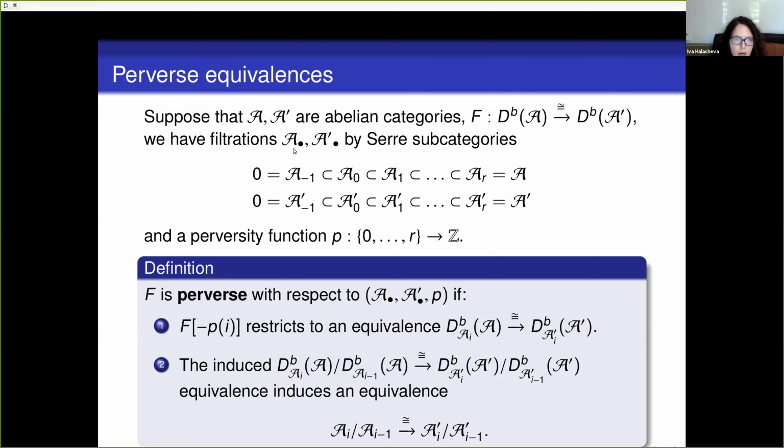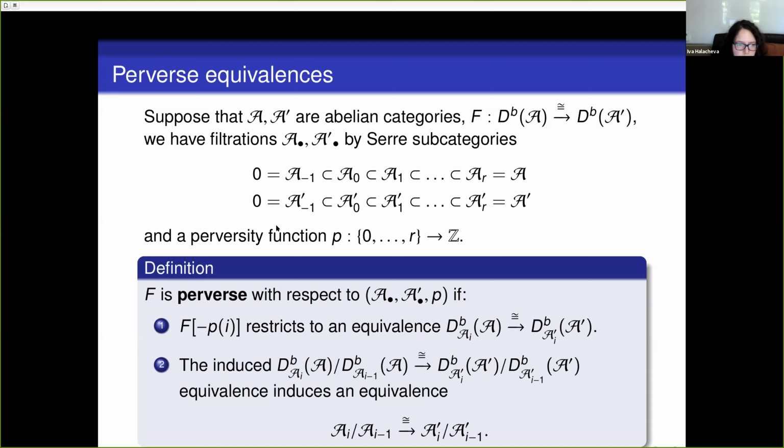And furthermore, let's assume that these categories A and A prime are filtered by Serre subcategories, and we also have a certain perversity function from the indexing set of the filtration to the integers. Then we say that this equivalence is perverse with respect to this information if it satisfies the following two properties.